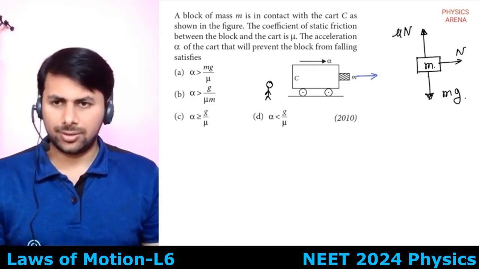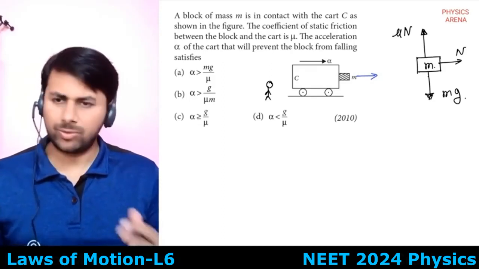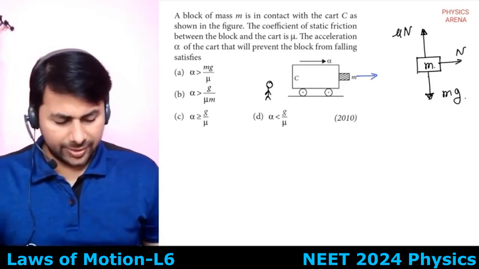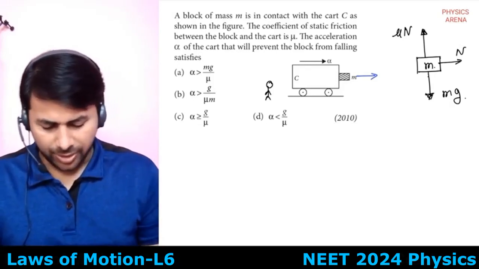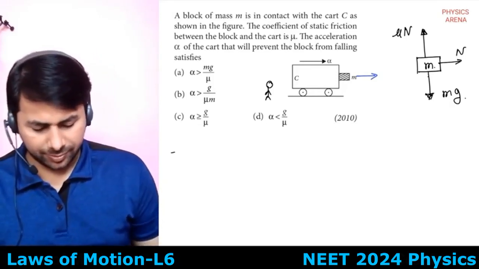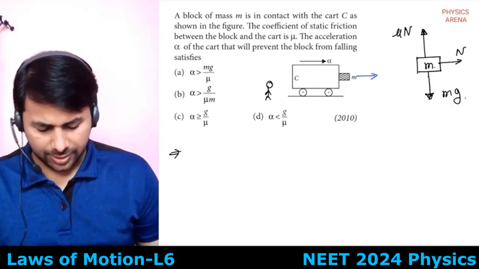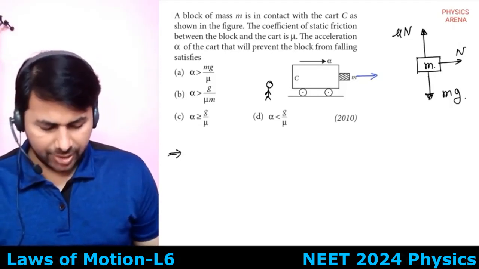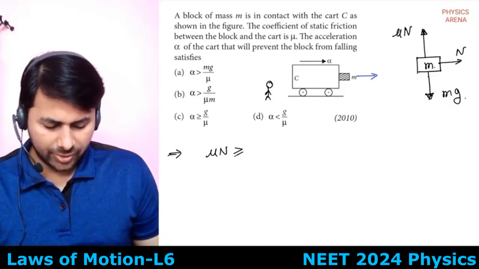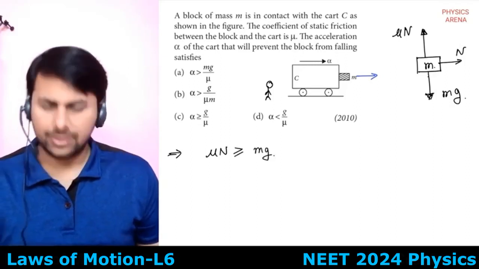What will that normal reaction do? It is equal to the force due to the cart. If the block is not falling, then mg is equal to mu into normal reaction. Or I can say the frictional force, mu into normal reaction, should be greater than or equal to mg.